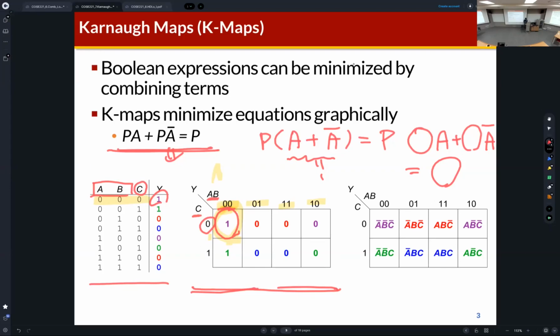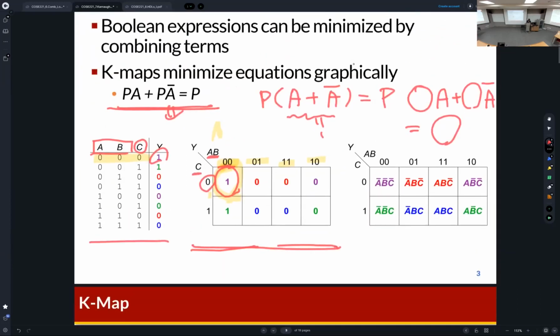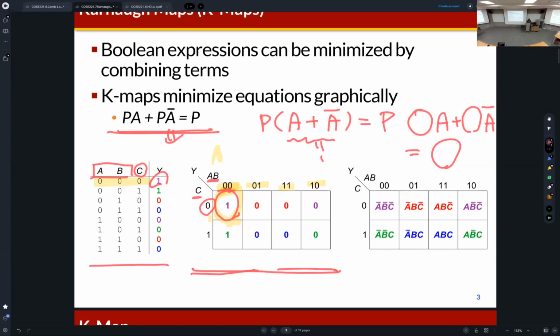And then 0 1. So we can find 0 1 here. Okay, so we can find AB 0 1 in here.